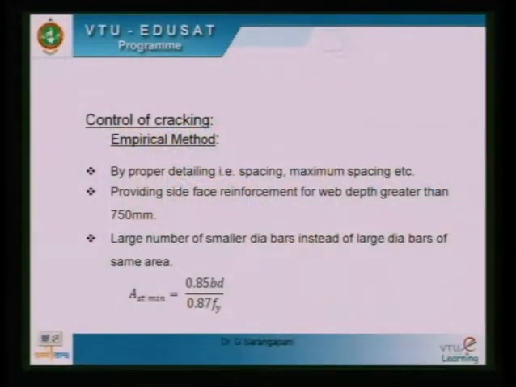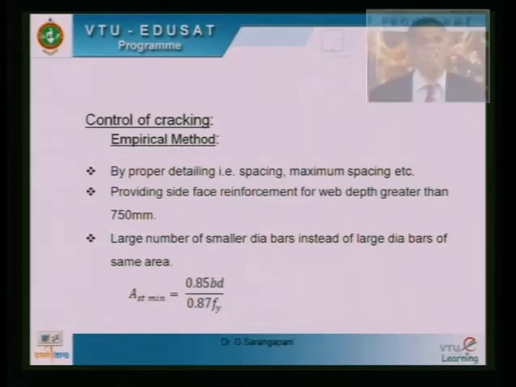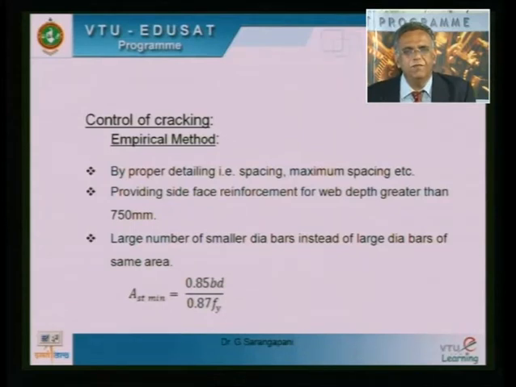Then I said that the control of cracking can also be done by the empirical method. What is this? If proper detailing is followed, that is the spacing of the reinforcement, the maximum spacing, the minimum spacing, etc., then one can control the crack.